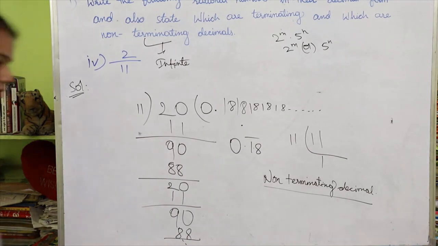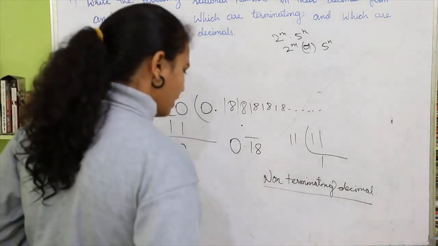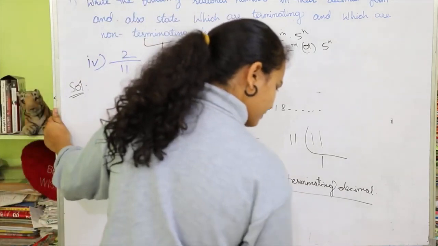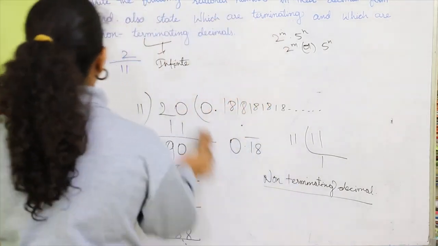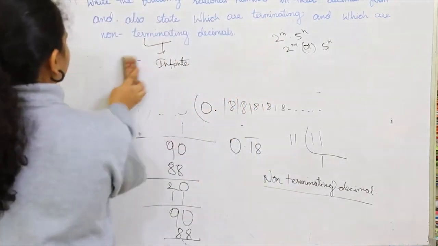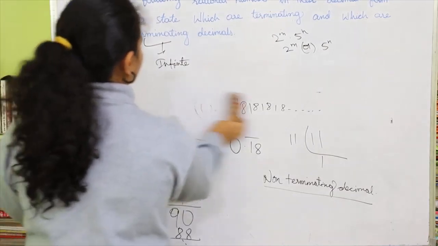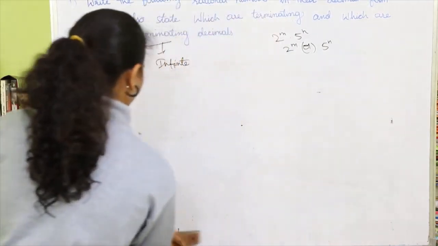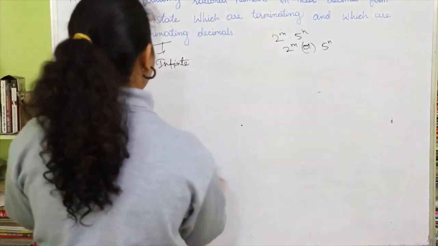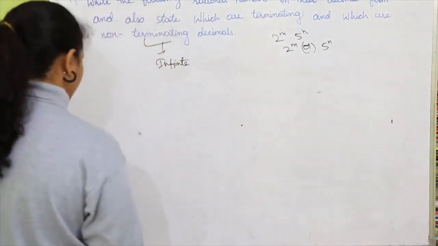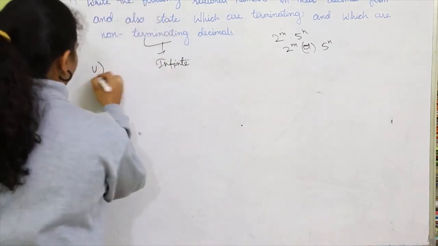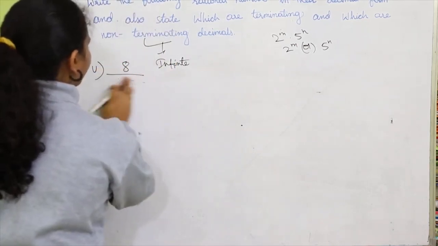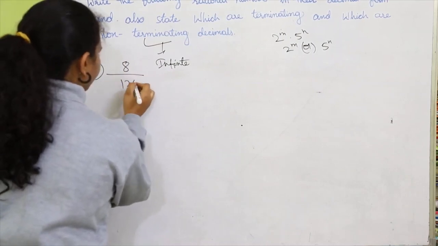Alright, now let's go for the fifth one. 8 divided by 125.